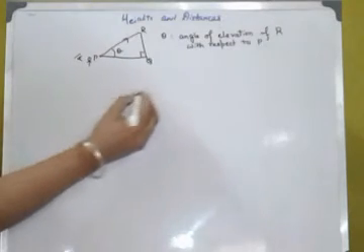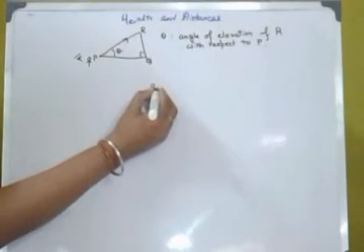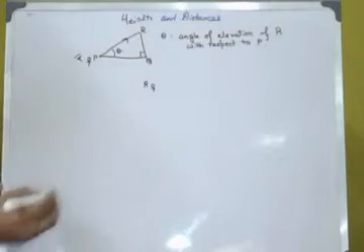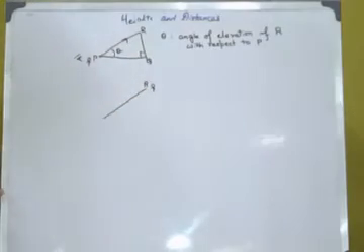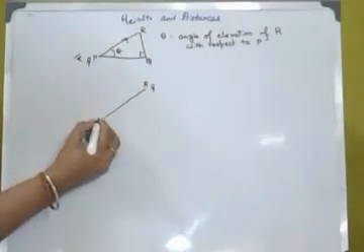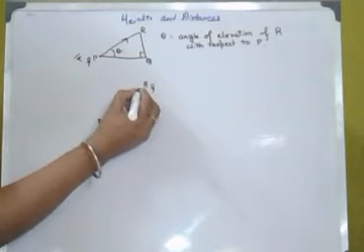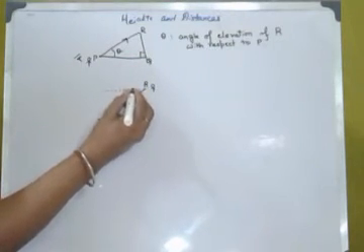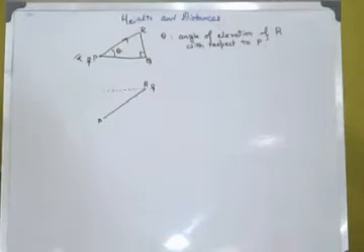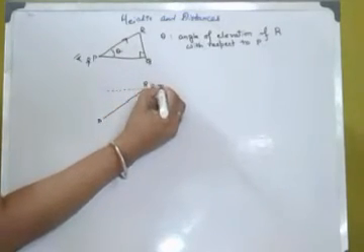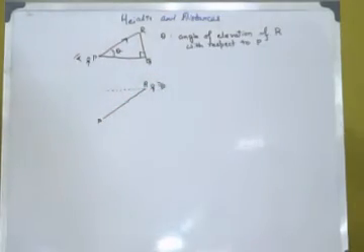Whereas if the observer is standing at point R and he is looking down at P, this line is the horizontal line or eye level of the observer.